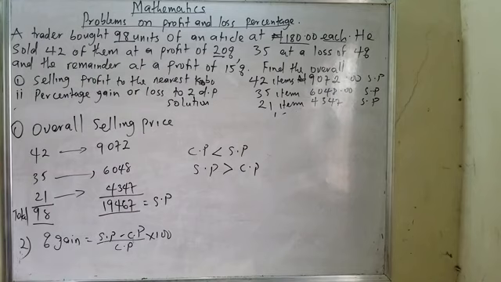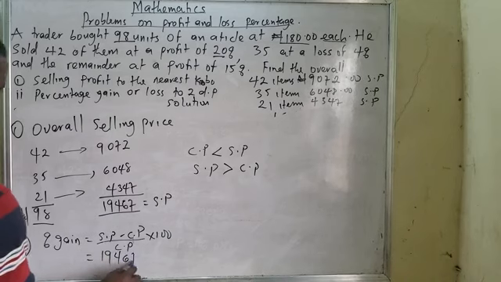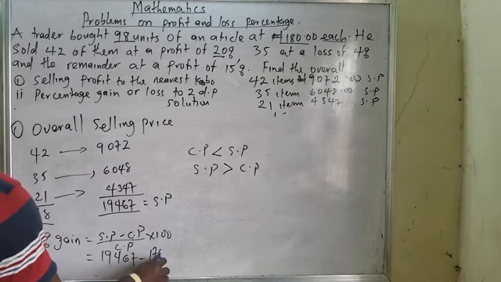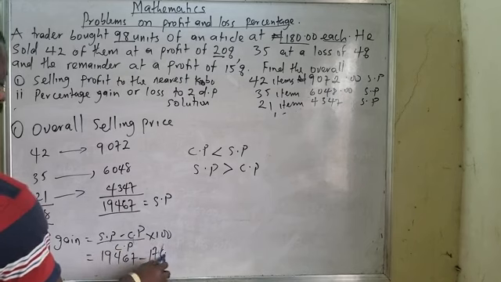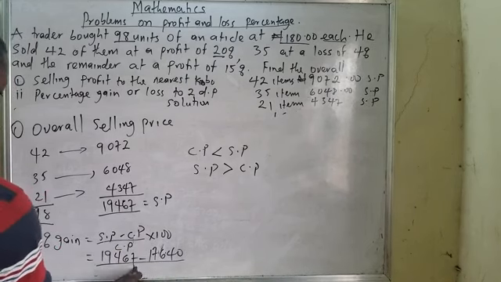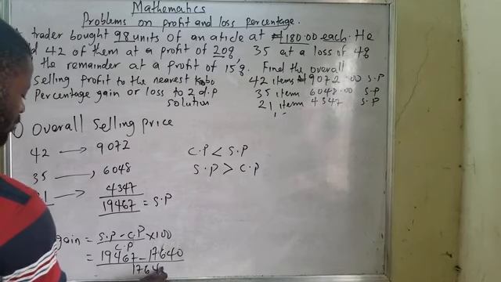Since I know it's gain, my selling price is 19,467 minus my cost price, which is 18 multiplied by 180 multiplied by 98. It will give us 17,640, which we have done earlier, divided by 17,640.